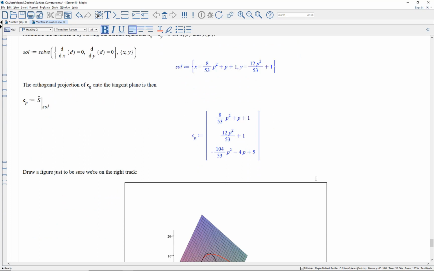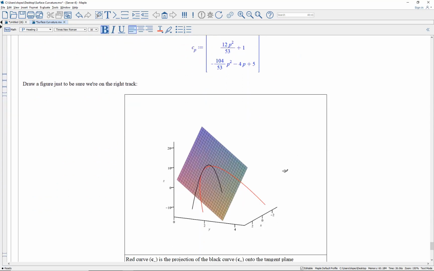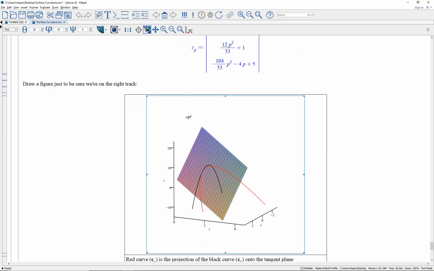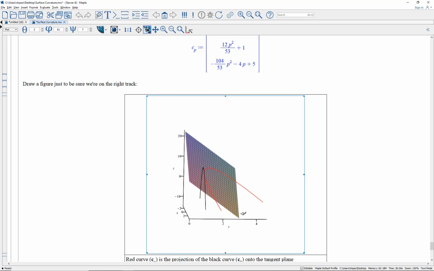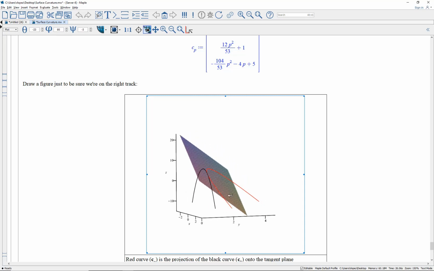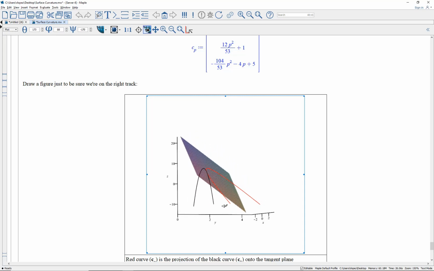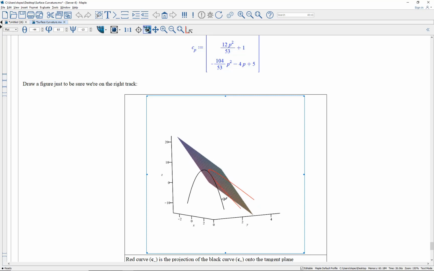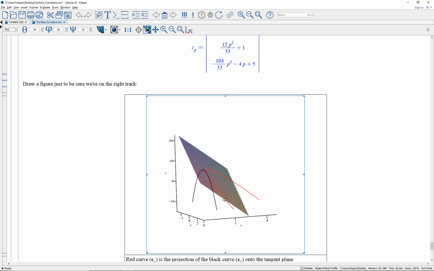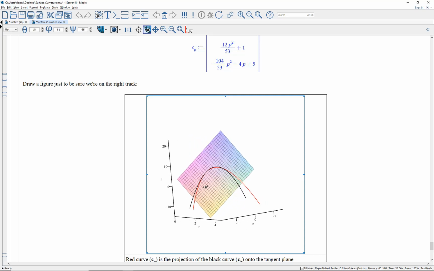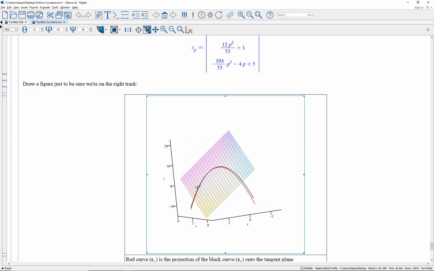And of course, I want to draw a picture to see if what I did was okay. I believe this is the tangent plane. This is the curve in the surface that I want to project onto the tangent plane. And the red one is the projection into the tangent plane. If you look at it just right, they line up.